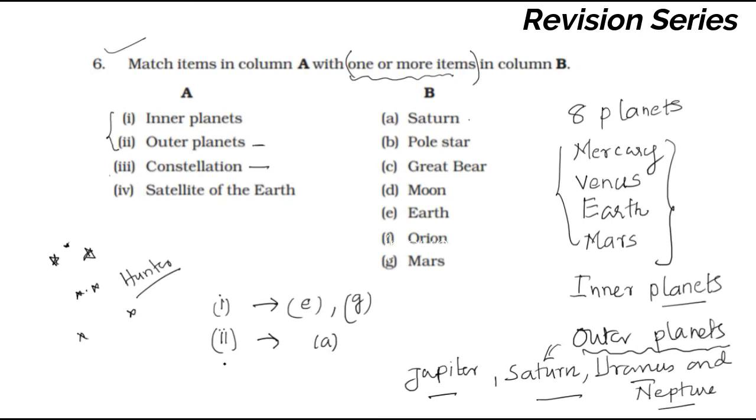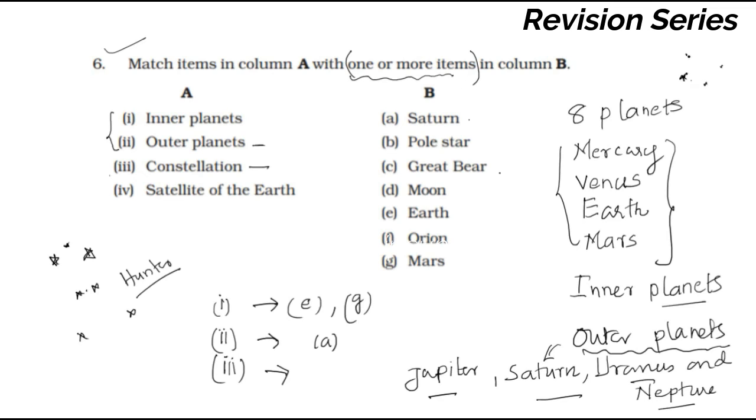And the third one is constellation, which can be compared to a pole star, Great Bear. And what is Great Bear? Great Bear is a constellation which is made up of 7 stars.